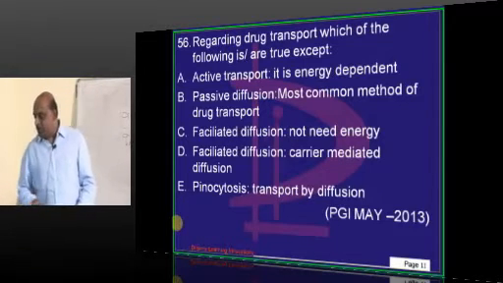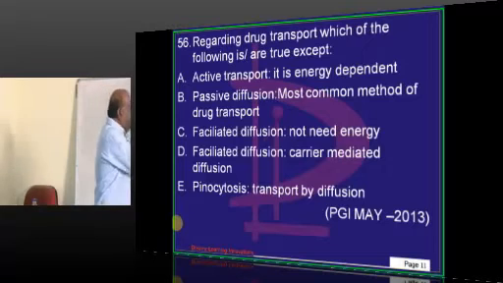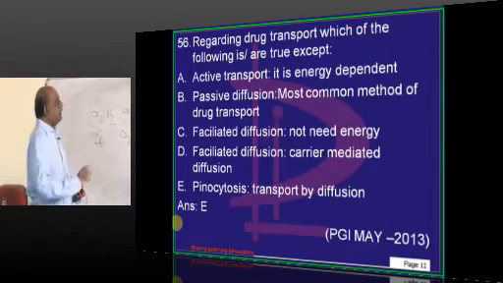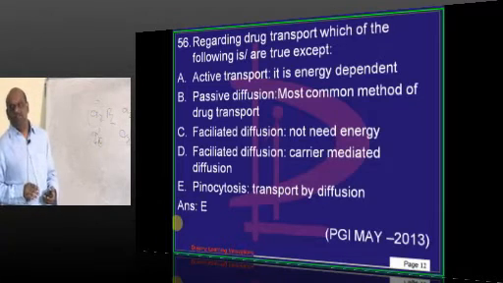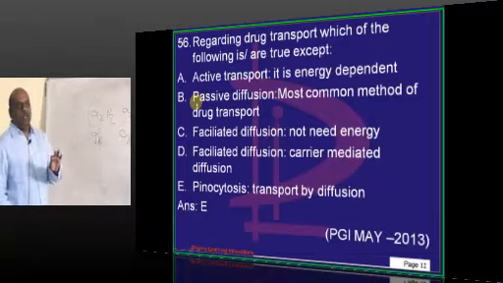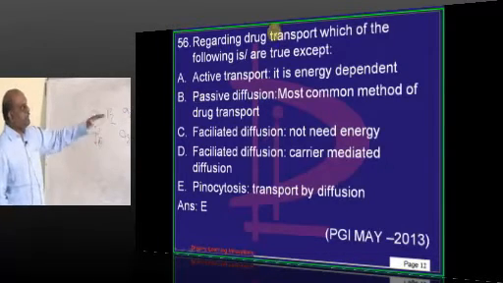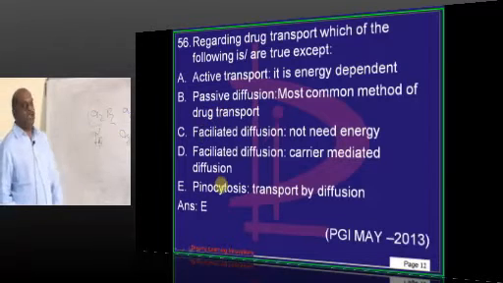Coming to the drug transport mechanism, let's talk about it. Active transport is energy dependent. That you all agree with me? ATP is involved. Most commonly, without need of ATP, only drugs transfer. So passive diffusion is the most common method of drug transfer. Facilitated diffusion is what?